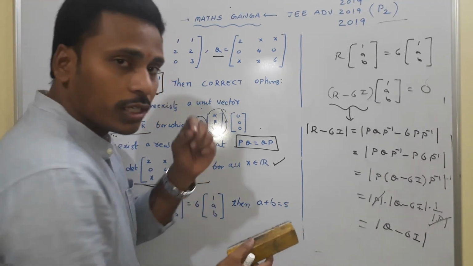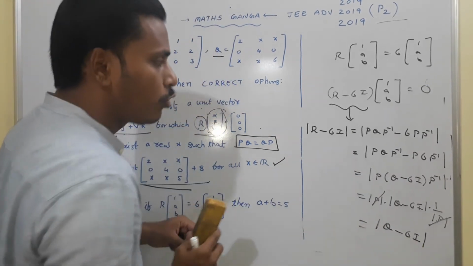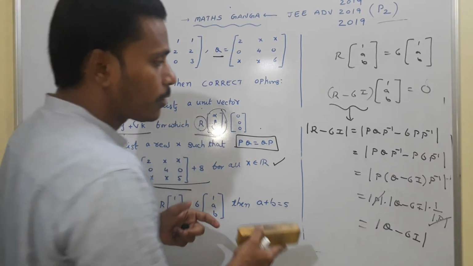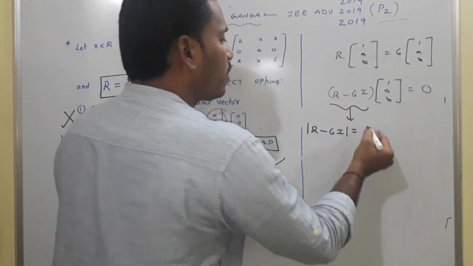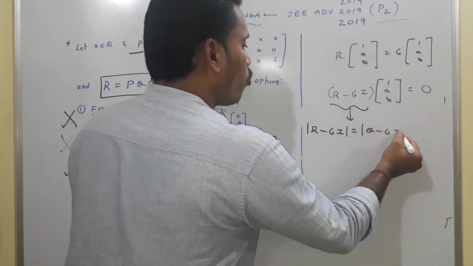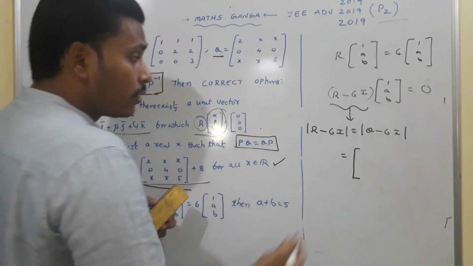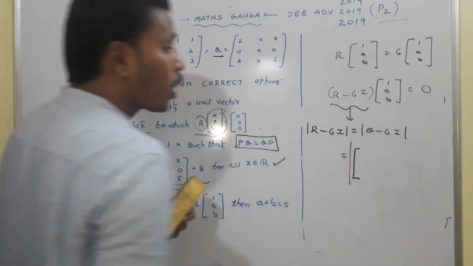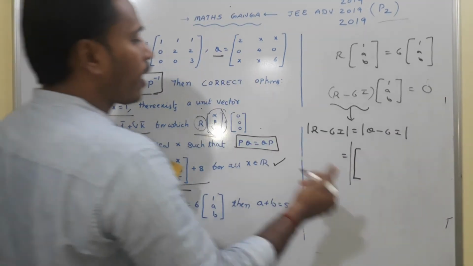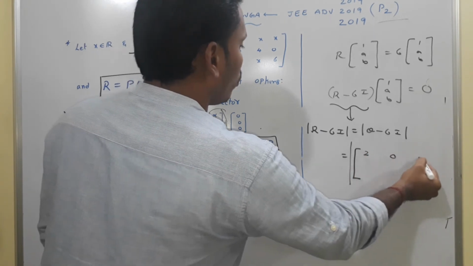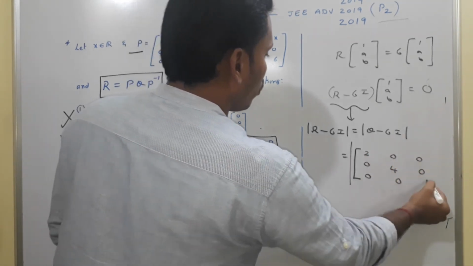So, first of all, just keep in mind that this determinant of R minus 6I is equal to determinant of Q minus 6I. For space, I am erasing this. This is R minus 6I and this is equal to determinant of Q minus 6I. Q is this one, and if x is 0, I will write it like this: 2, 0, 0, 0, 4, 0, 0, 0, 6.